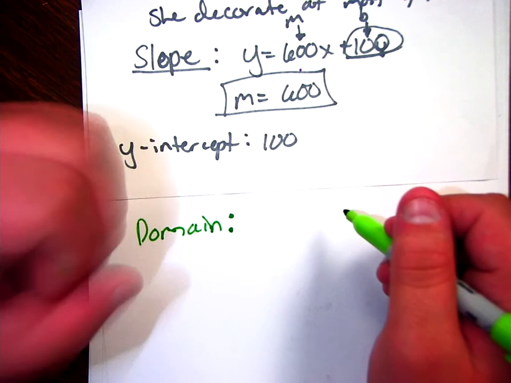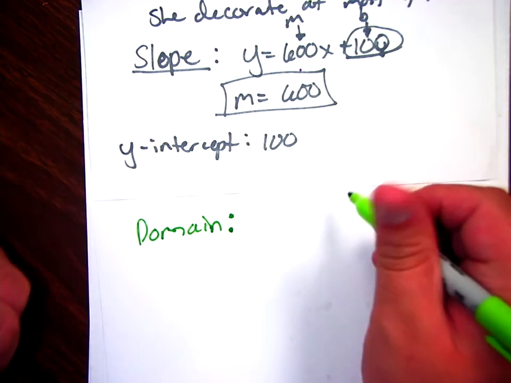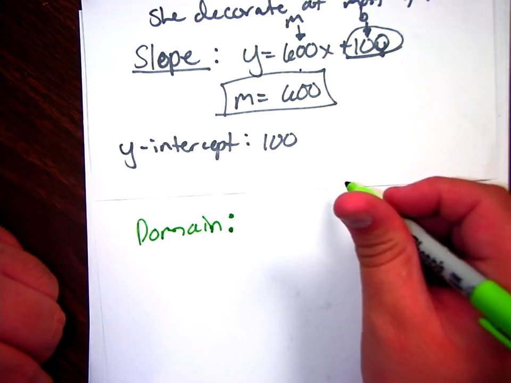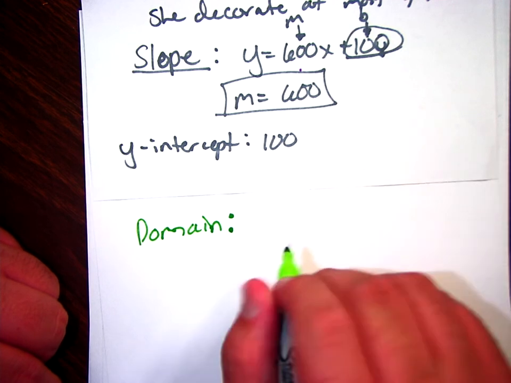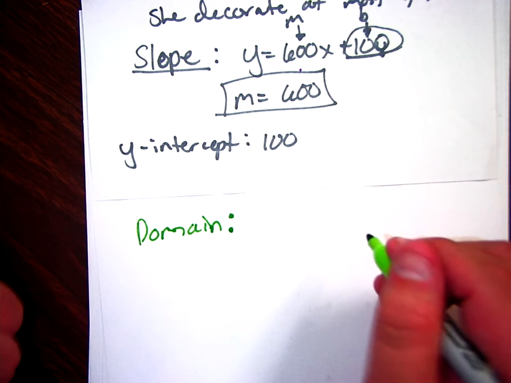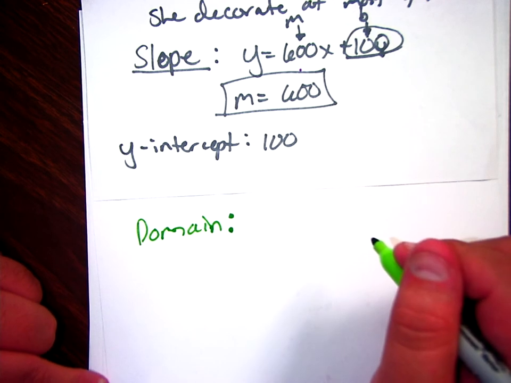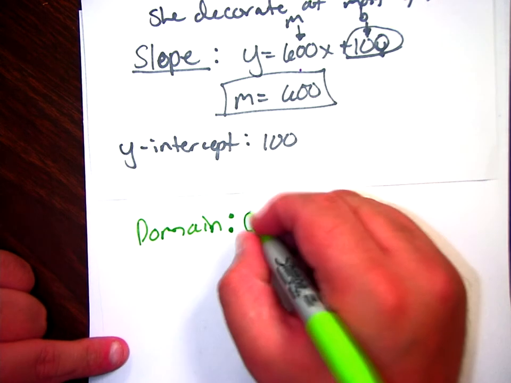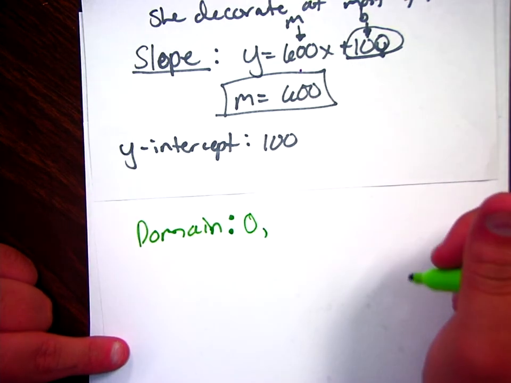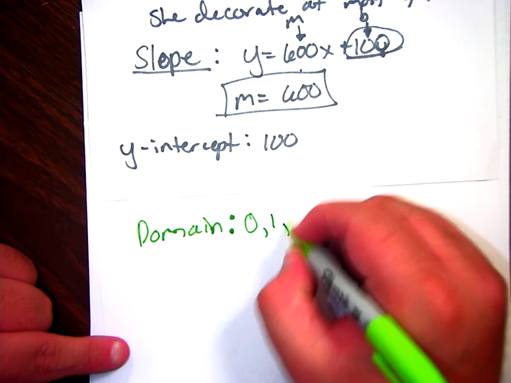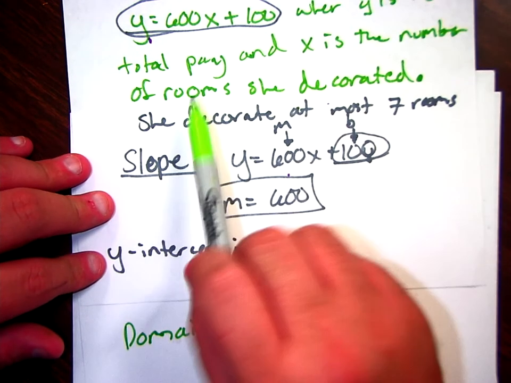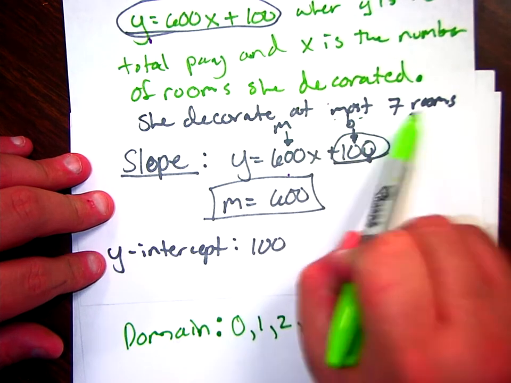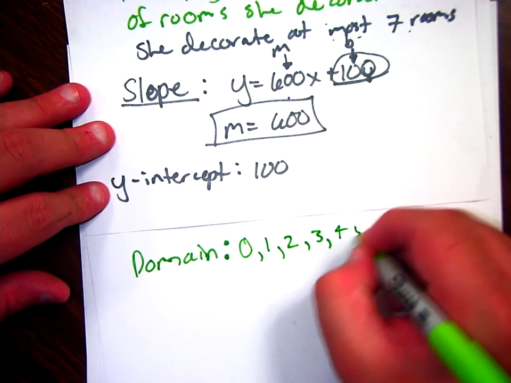Can she decorate 0? My argument is yes. She can accept $100 to do the job, and then I can tell her, never mind, I don't want you to do this anymore. 3 minutes after she stepped into my door, I still owe her $100. So yes, 0 is on the plate. We can do 1, 2 rooms, 3 rooms, all the way to how many will she accept? She decorates at most 7 rooms. 4, 5, 6, 7.